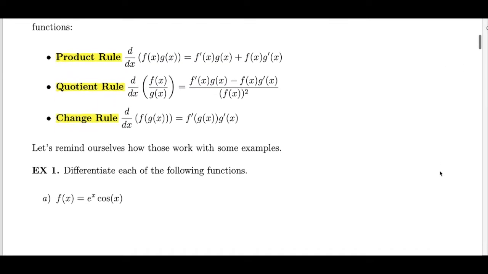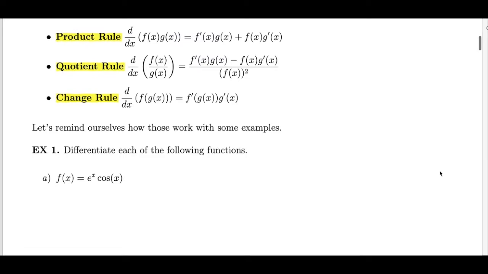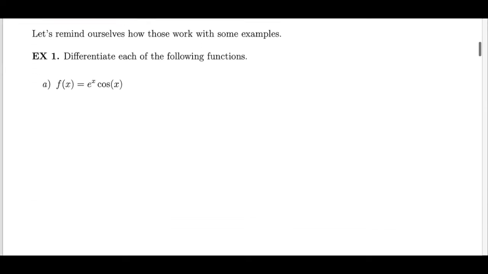Next, we have a few examples that remind us of how we apply these three rules. In example 1, we're asked to differentiate each of several functions. The first function here is f of x equals e to the x cos of x. I noticed that this function is built out of two functions whose derivatives I know readily, and those two functions have been multiplied.